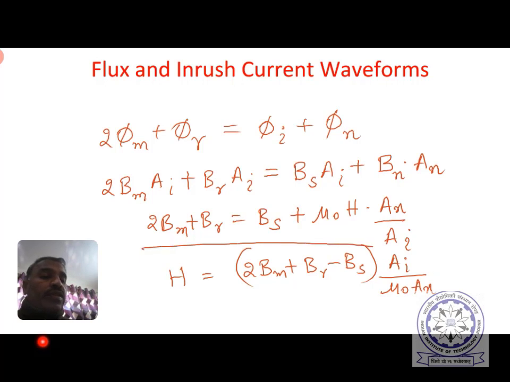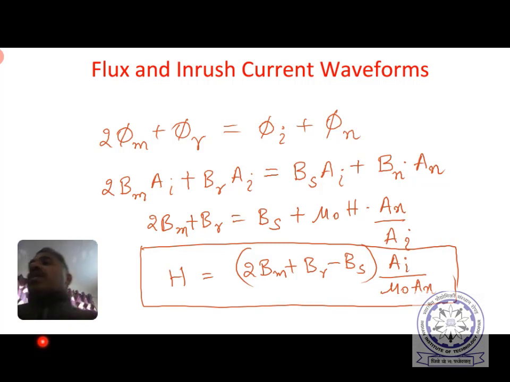So this is the value of H that is estimated, and you know the magnetic flux density. The maximum flux density for rated voltage is fixed actually.